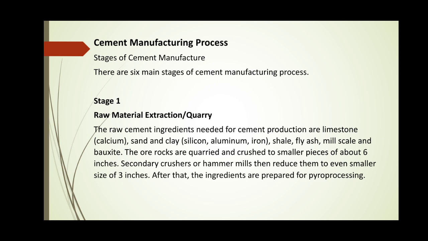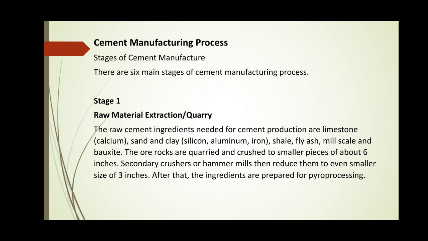The ore rocks are quarried and crushed to smaller pieces of about 6 inches. Secondary crusher or hammer mills then reduce them to even smaller sizes of 3 inches.